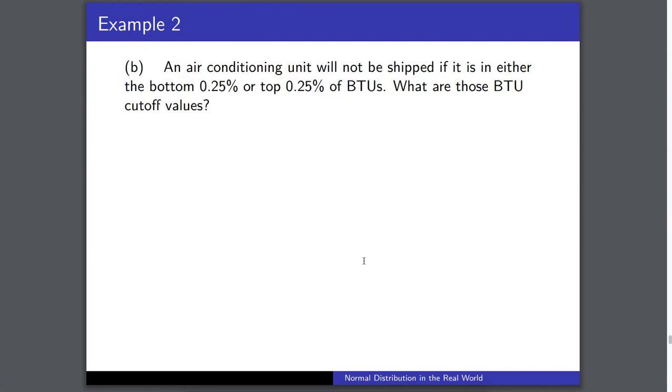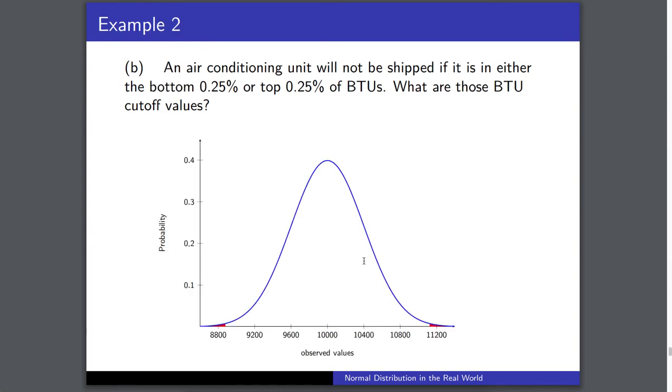All right, part B: an air conditioning unit will not be shipped if it's in either the bottom 0.25% or the top 0.25% of BTUs. So what are those cutoff values? If we look at our sketch, this red region, we'll call it the rejection region, represents values that are going to get rejected.